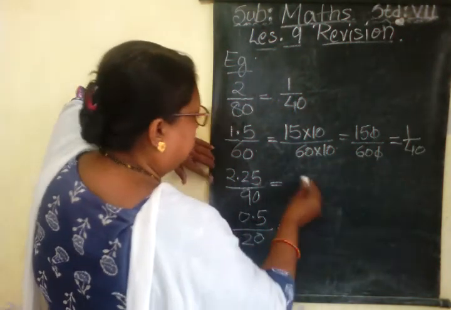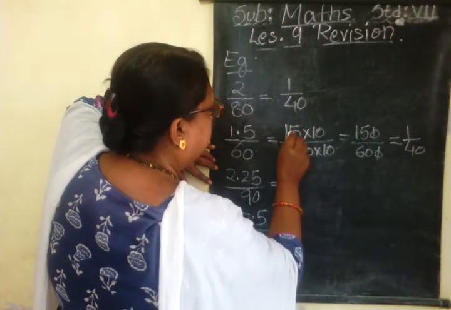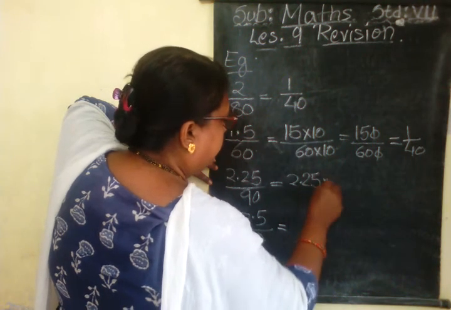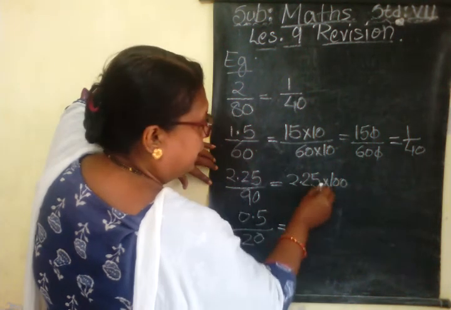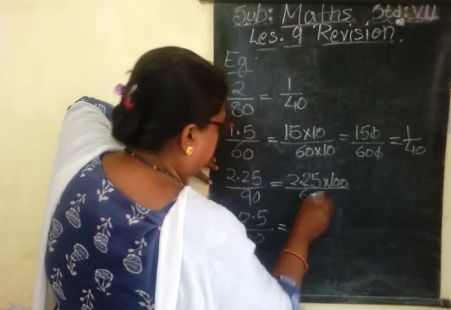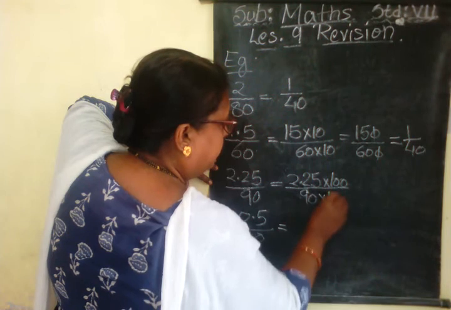Now third one here. 2.25 multiplied by 100, because 2 digits are there after the decimal point, upon 90 multiplied by 100.